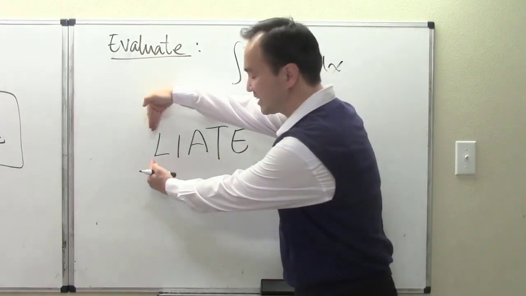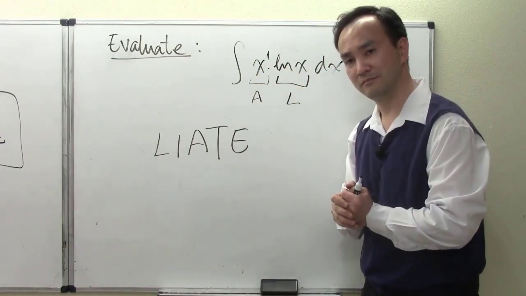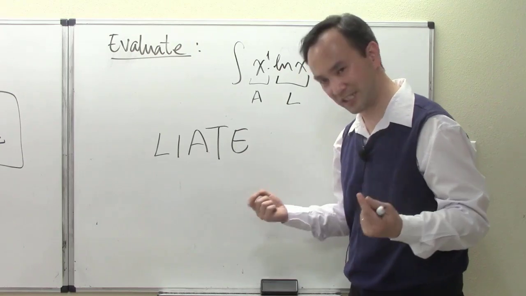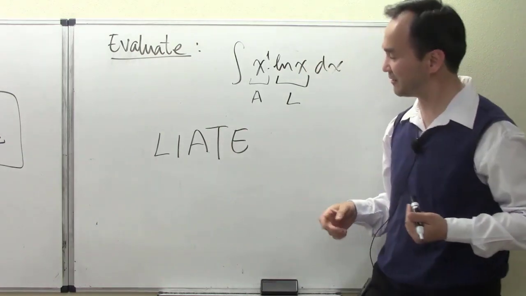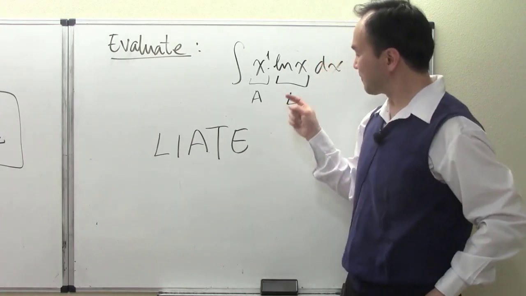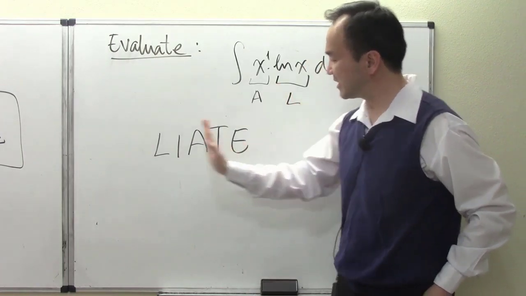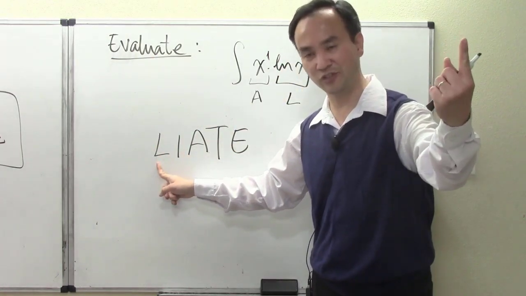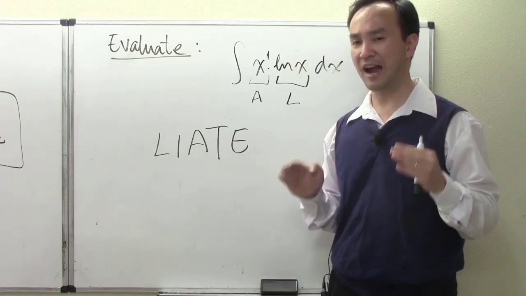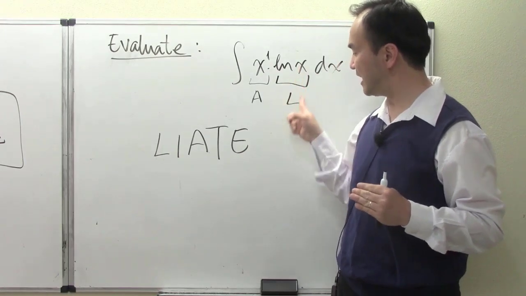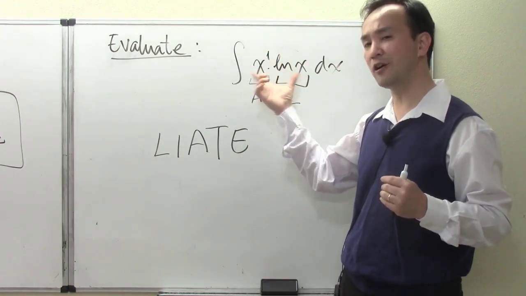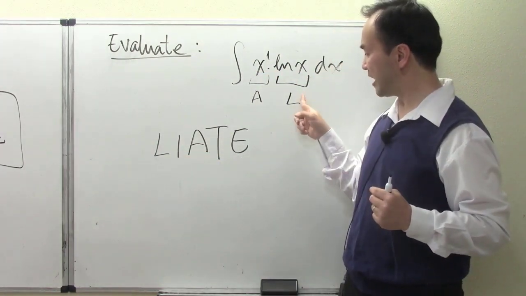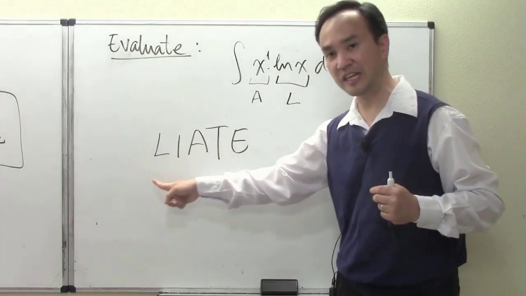So if we're looking at this LIATE rule, as I said, it's never been formally proven, but it works about 85 to 90% of the time for those problems. There are still exceptions out there. But if we follow this scheme from left to right, it's indicating that whichever family comes first should get the highest priority to be chosen as the U. So it's all about how we can successfully choose the U. If you have a mix of different functions from these families, I found L, so L has to come before A in this LIATE scheme.